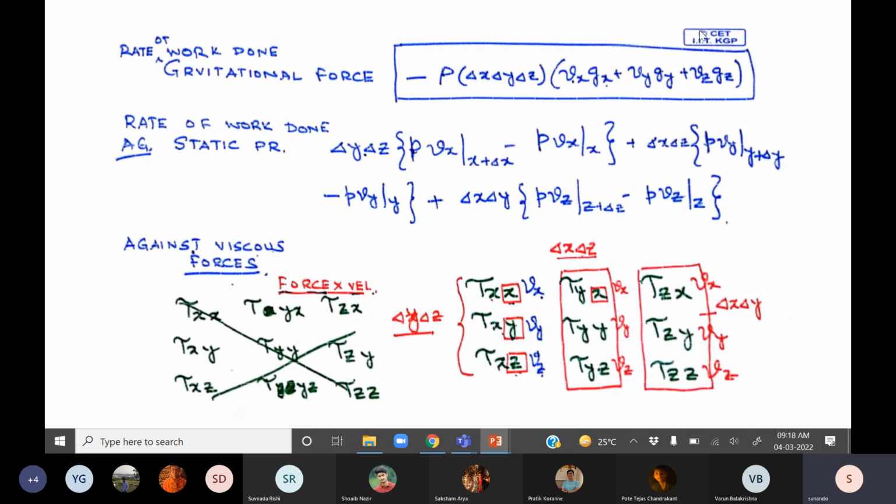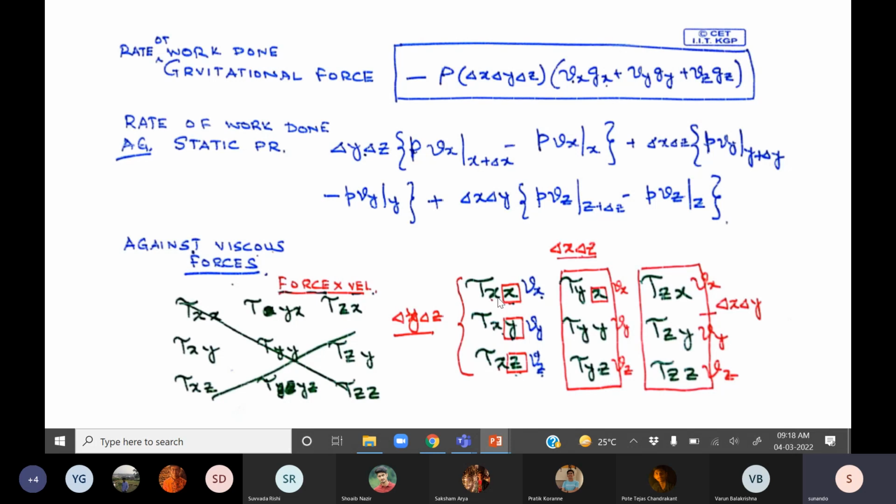The situation gets a bit more complicated when we talk about viscous forces, because unlike the pressure, the shear stress is a tensor. So it has 9 components: xx, xy, xz, and yx, yy, yz, and so on.